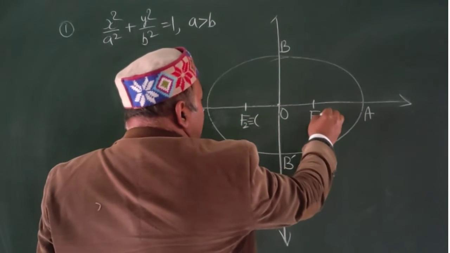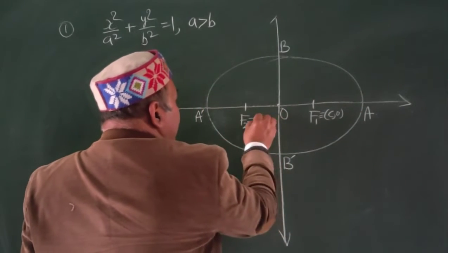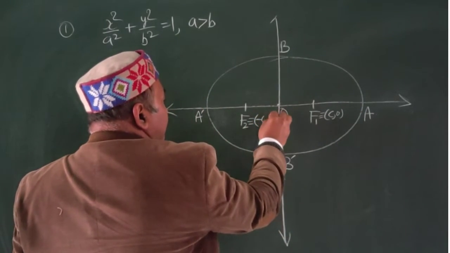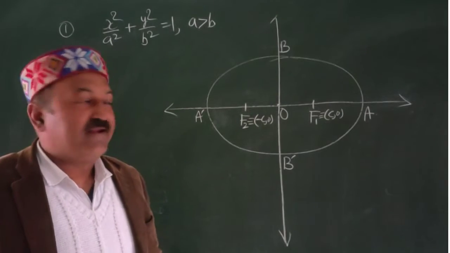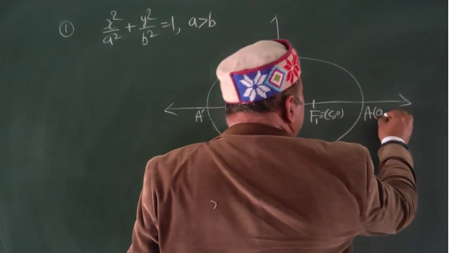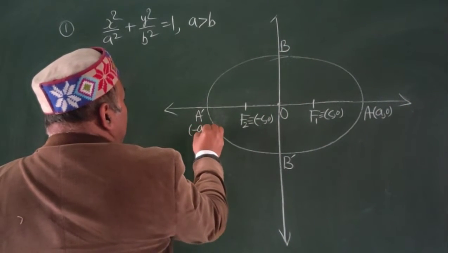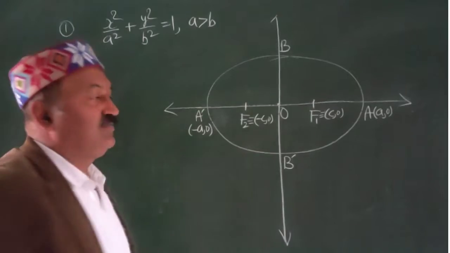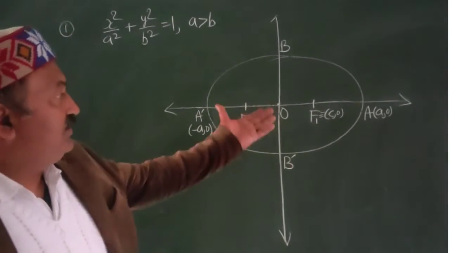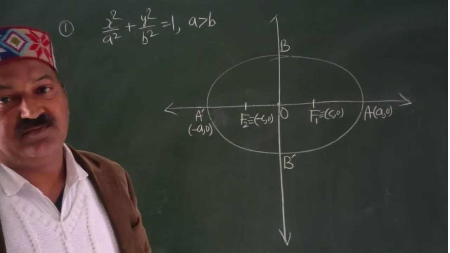Their coordinates are (C, 0) and (minus C, 0). The coordinates of the vertices are (A, 0) and (minus A, 0). This is the sketch of the first type of ellipse.